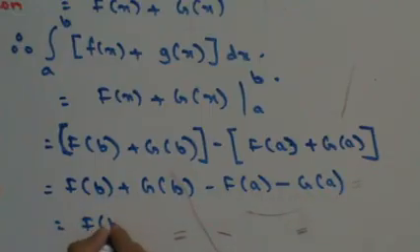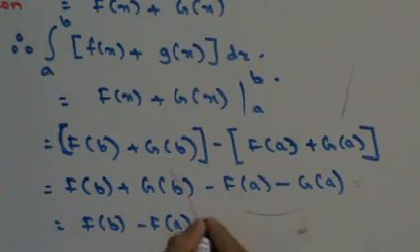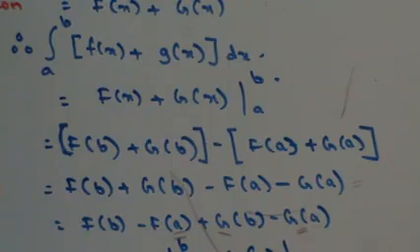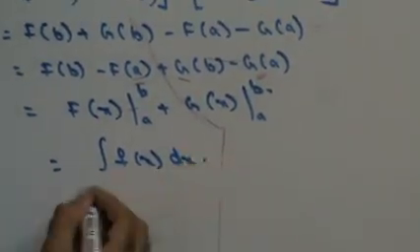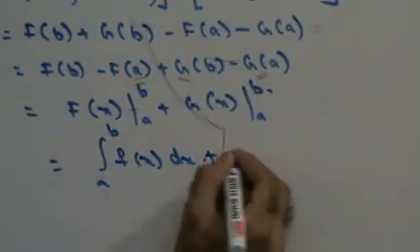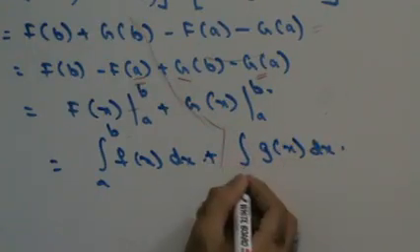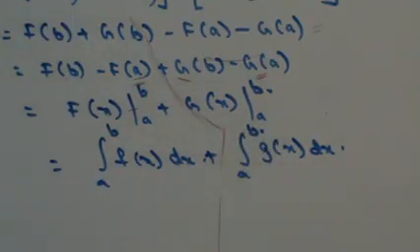This can be written as F of b minus F of a plus G of b minus G of a, which is nothing but F of x when the limits are between a to b, and G of x when the limits are between a to b, which is nothing but the integral of f of x with respect to x when the limits are between a to b plus the integral of g of x with respect to x when the limits are from a to b. And that's what you have to do. Fine, do we get this thing clear?